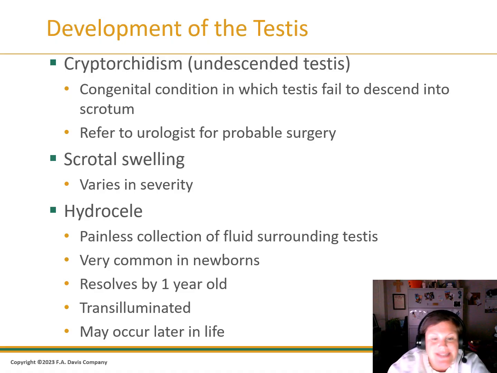This can happen anytime for the male patient, but often later in life. We also see it very often in newborns, so kind of the two different extremes. Many times it'll self-resolve, so it'll go away on its own. The body will basically absorb and redistribute that excessive fluid.